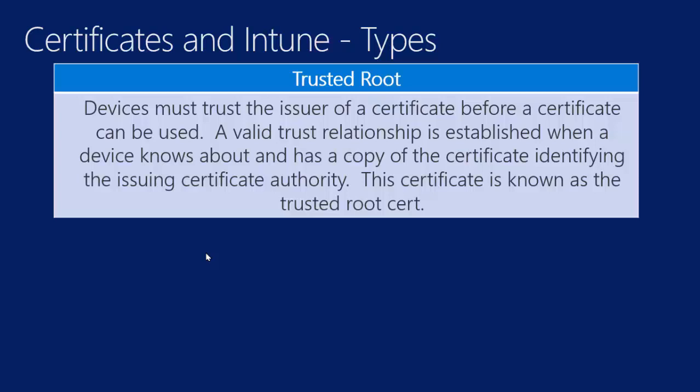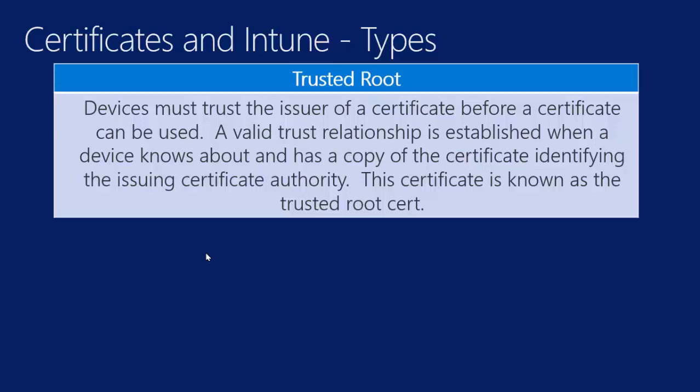Another way of saying that, you have, again, for the sake of this discussion, a Microsoft public key infrastructure internally. And you want to use that public key infrastructure to deploy certificates, user certs, workstation certs, authentication certs, whatever, to your devices. Your device can actually receive those certs.